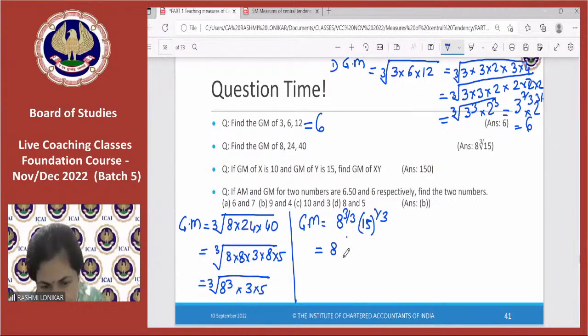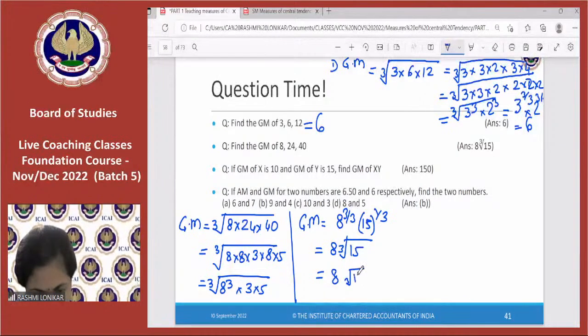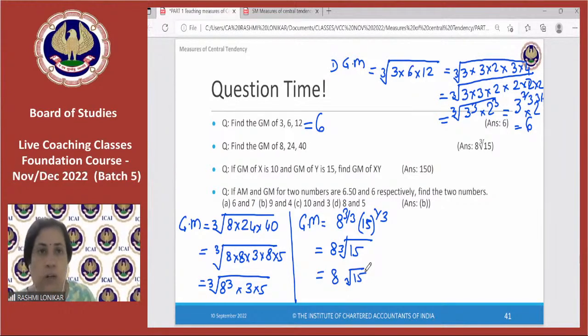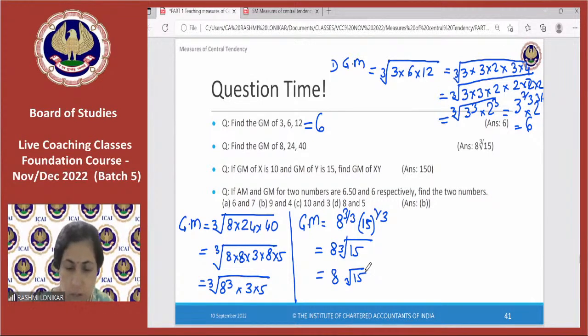So this is 8 cube root of 15. Is that clear? Because in this case, I cannot break 3 and 5 down, since both are prime numbers. So I can't write them in terms of any other numbers. So this will be the answer.